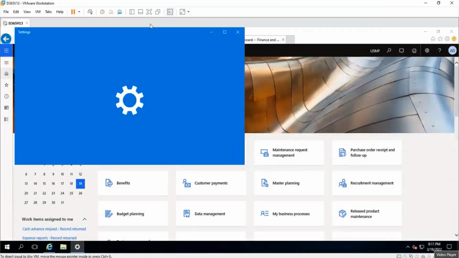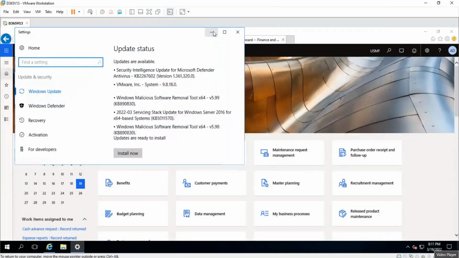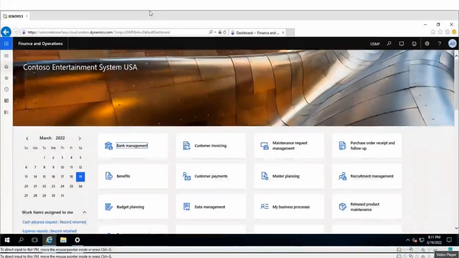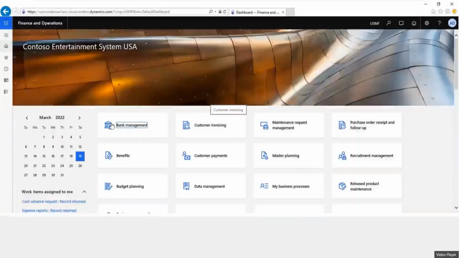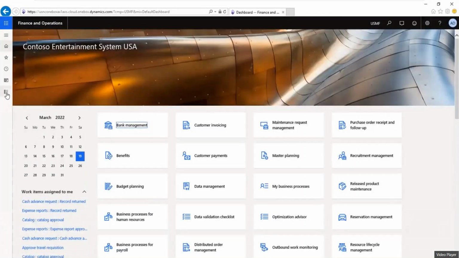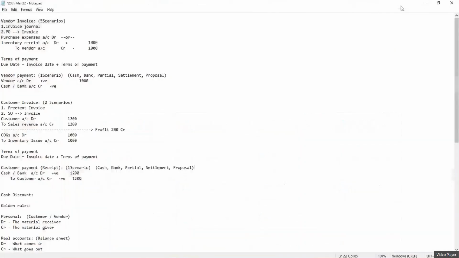The first one is vendor invoice. Vendor invoice means first the invoice journal. Why 5 options were given, we will discuss later. This is without any item. This is with item, meaning trading item.